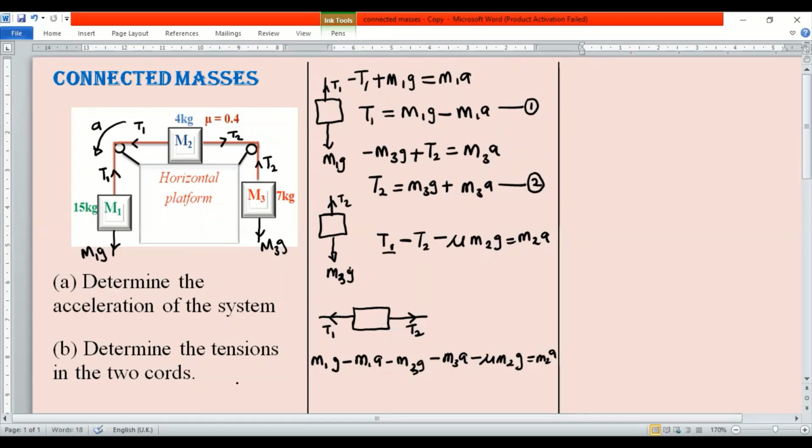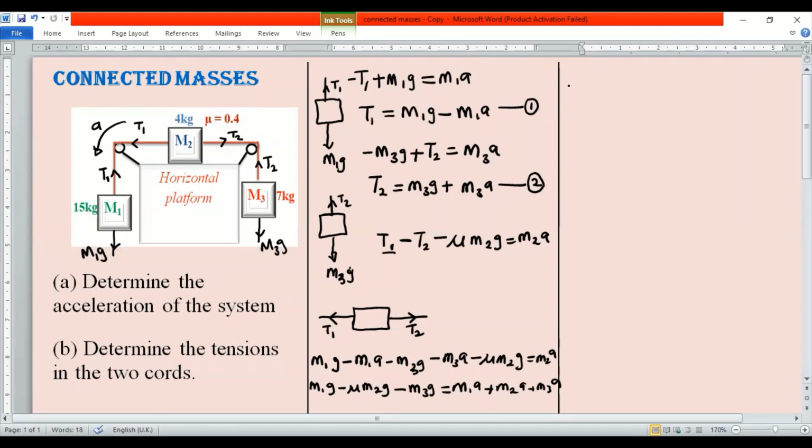Now, if you collect those with A to one side and the others to the other, you can have M1G minus mu M2G minus M3G equals, you take this to the other side, M1A plus M2A plus M3A.